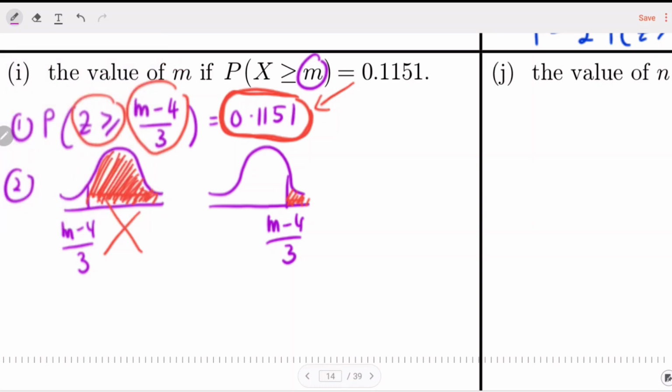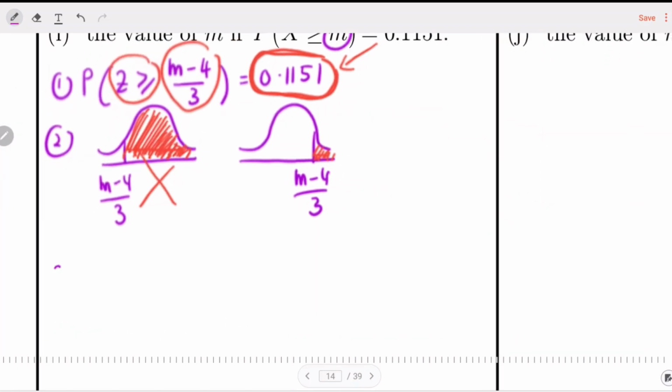Thus, proceed to the third step, where we identify whether we need to put 1 minus or not. Since we didn't shade the middle side of our bell shape, we don't need to put 1 minus.